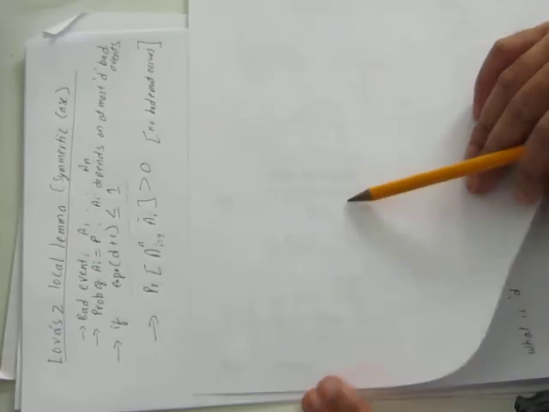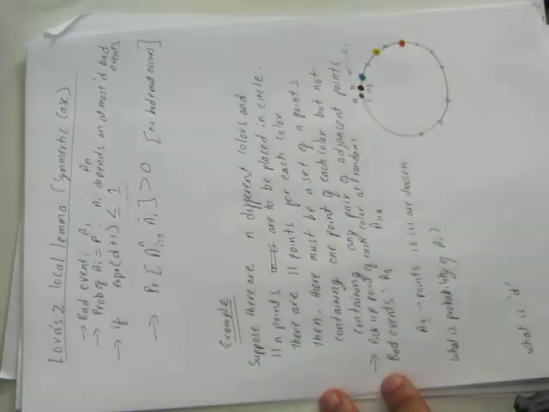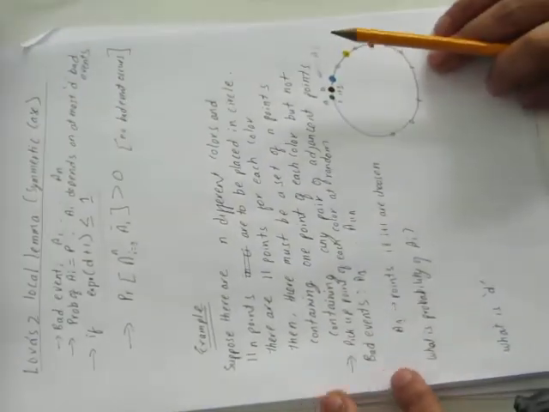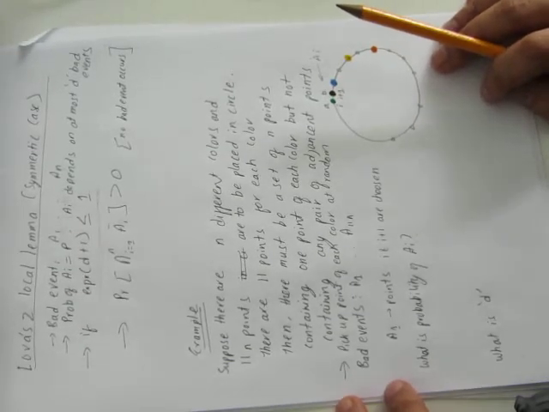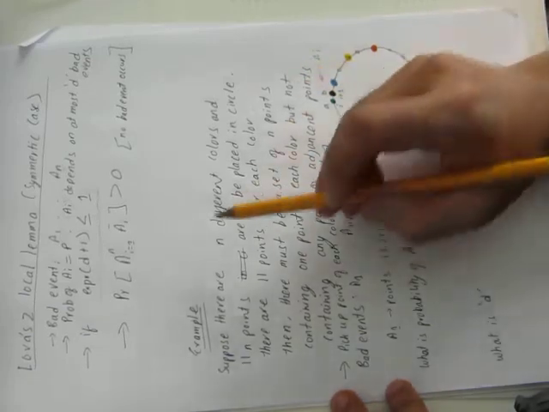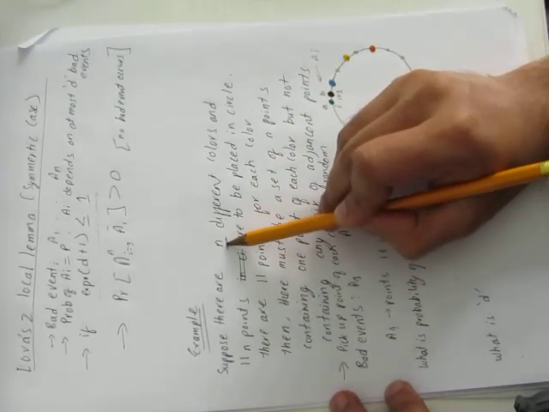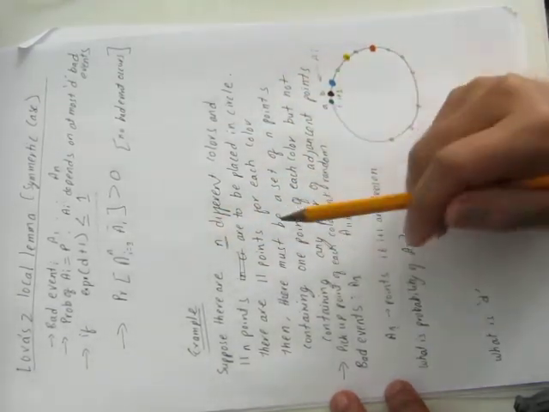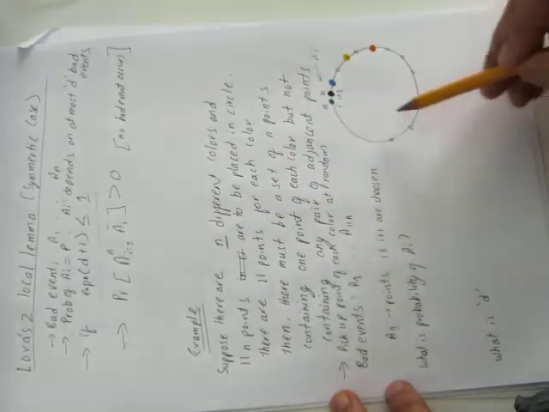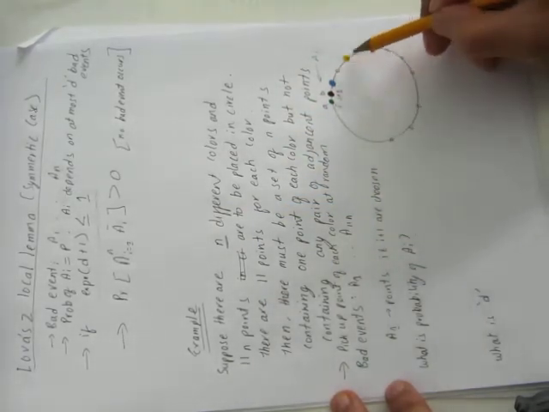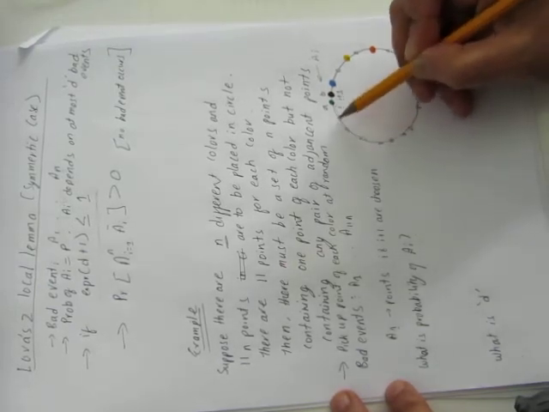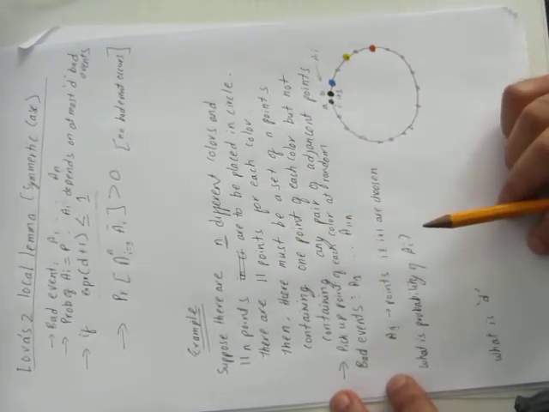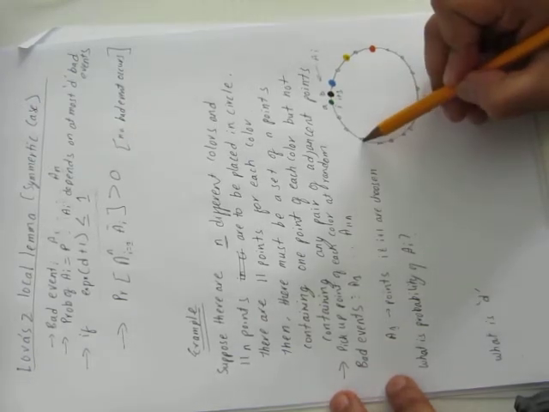This is what Lovász Local Lemma does, and we want to show one example for this lemma. So let's say we have n different colors, and there is a circle, and there are 11n such points.